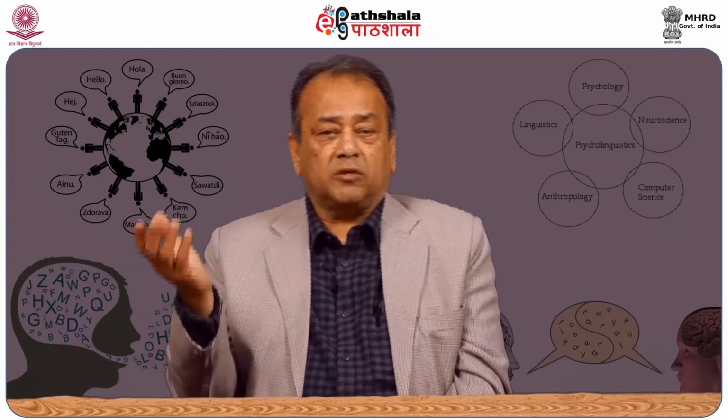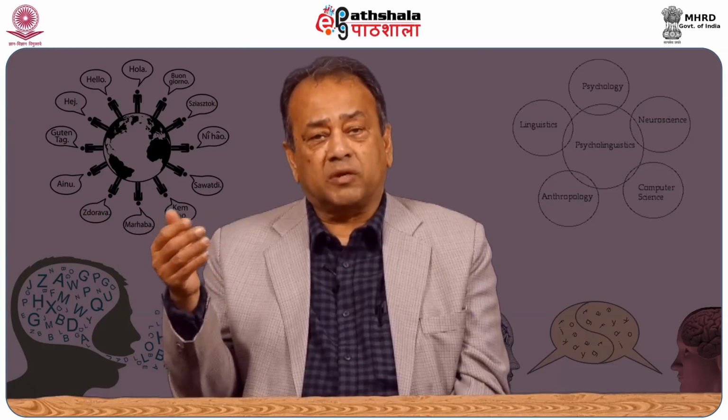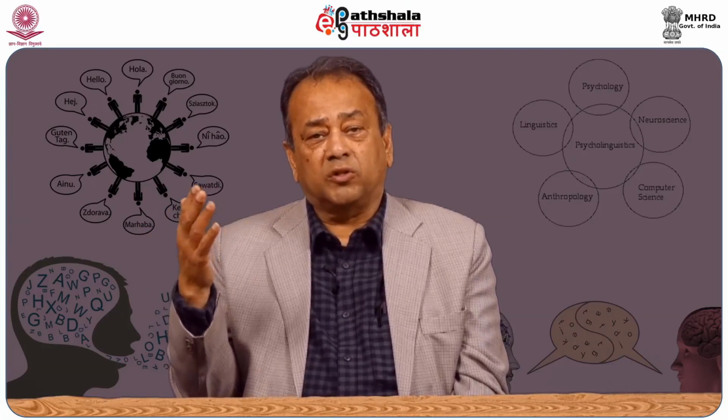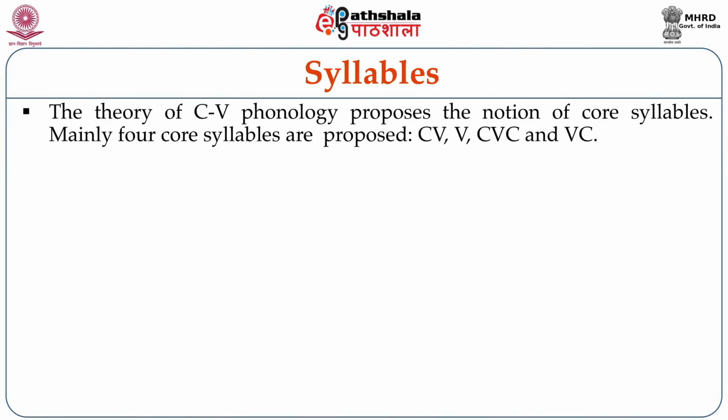Take a look at the screen for the different types of processes that refer to the segments or the syllables or the CV tier. Clements and Keyser also proposed the notion of core syllables, an extremely useful notion. It helps us classify different types of syllable structures.